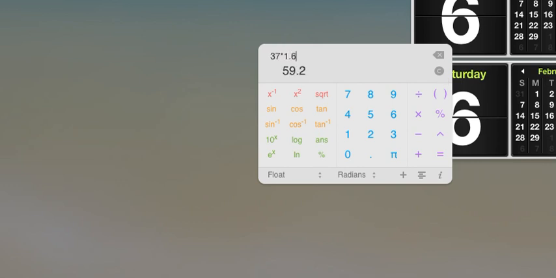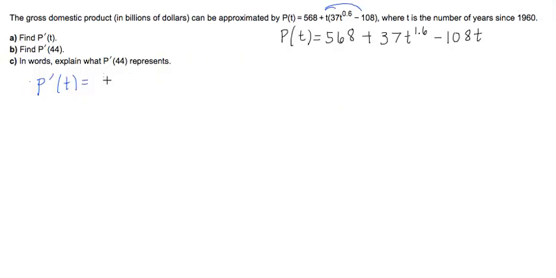I get 59.2 for 37 times 1.6. So 59.2 t to the power of 1.6 minus 1.6. And the derivative of negative 108t is negative 108. It's the coefficient of t. Okay, that's p prime of t.